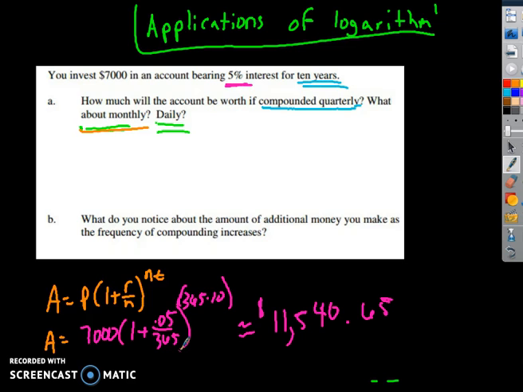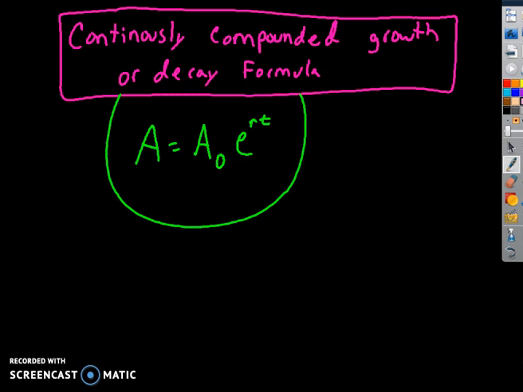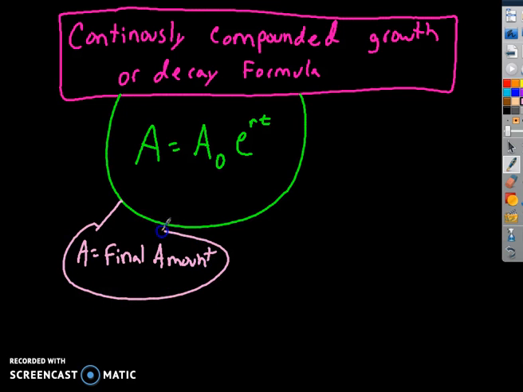Next question, different formula. All right, this one deals with continuously compounded growth or decay. So still A is your final amount. And depends on what book you're working out of. This could be a P again, but in this book, it's going to be A sub 0.